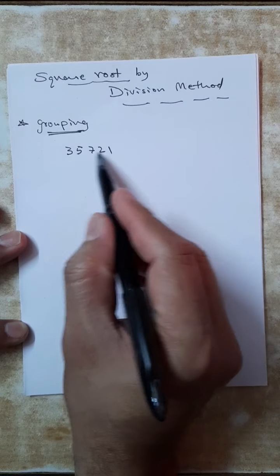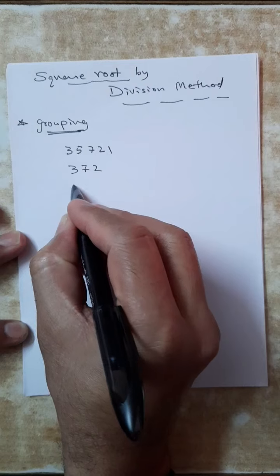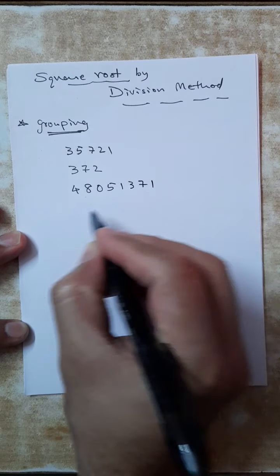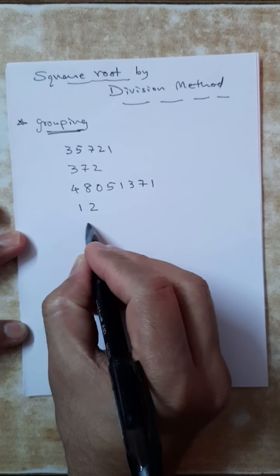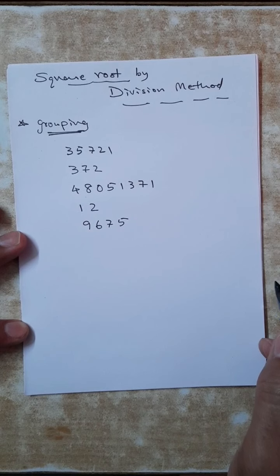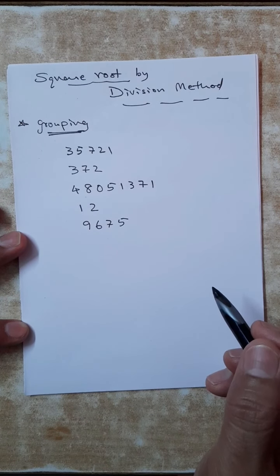I have to find the square root of this number. Another number 372. Few numbers are written. Question is to find the square root of all these numbers.